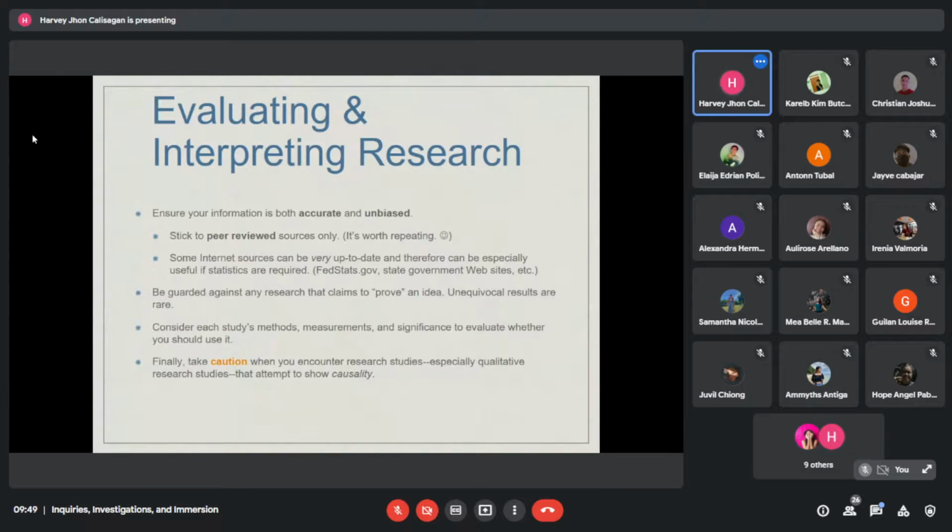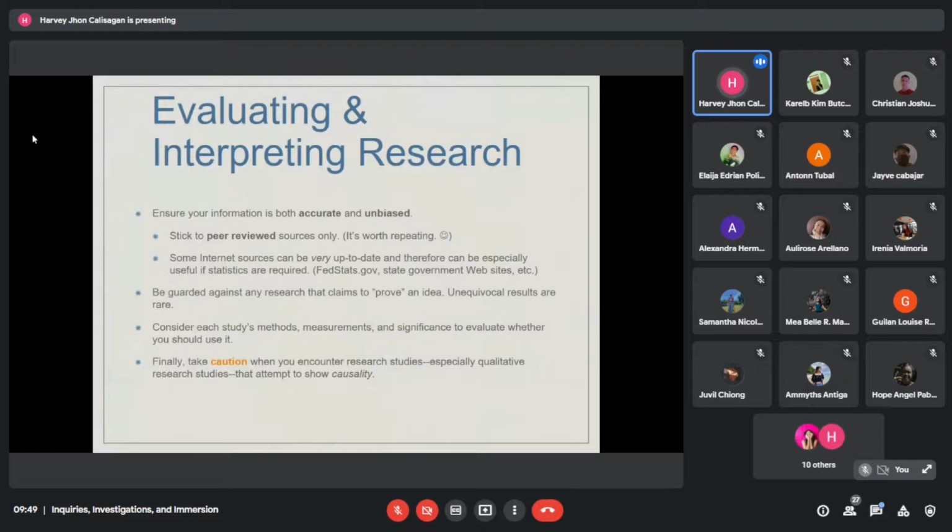And of course, take caution when you are encountering research studies, especially qualitative research studies, that attempt to show causality. I'm sorry, it's causality. Remember the topic that I had last time about the consequence of your research.